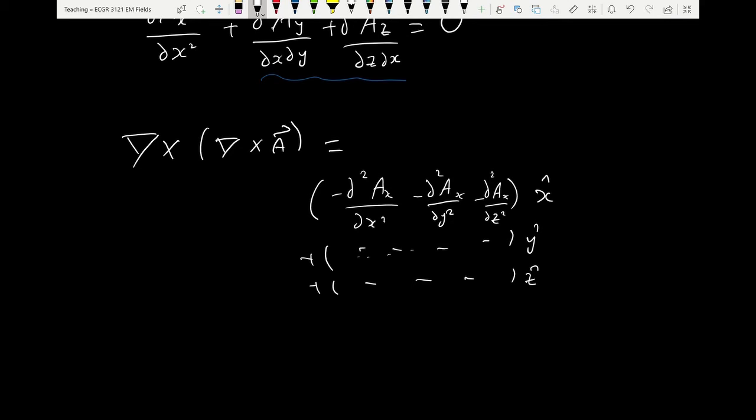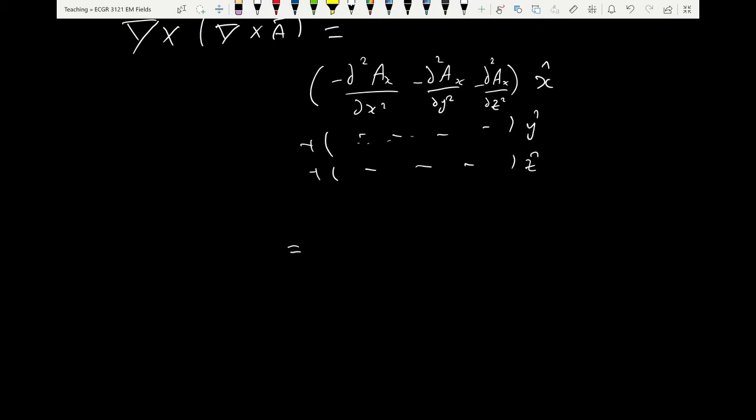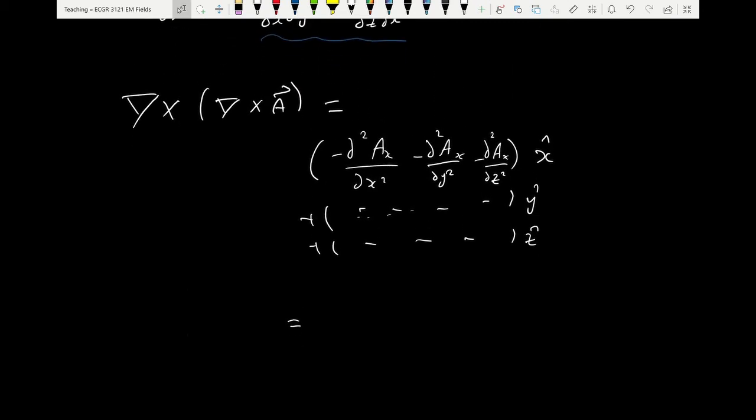So take the minus to the other side. If I take the minus to the other side, I end up with the vector Laplacian, right? That's the definition of the vector Laplacian. So I get minus the double curl, which, in the case of the divergence of A being 0, gives me the vector Laplacian of A. What is ∂²/∂x², ∂²/∂y², ∂²/∂z²?